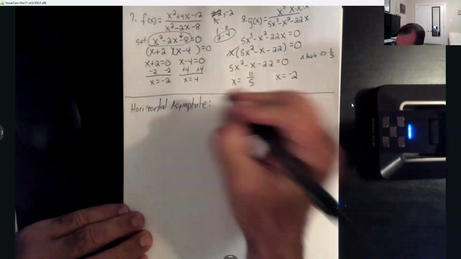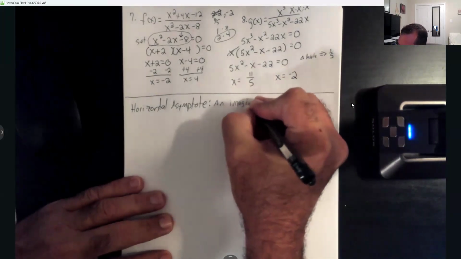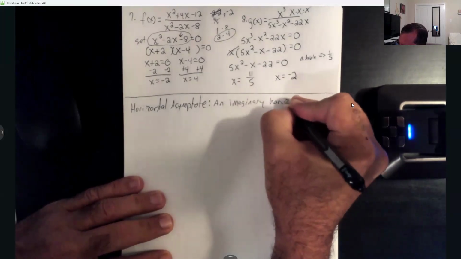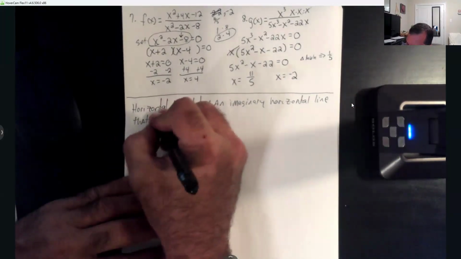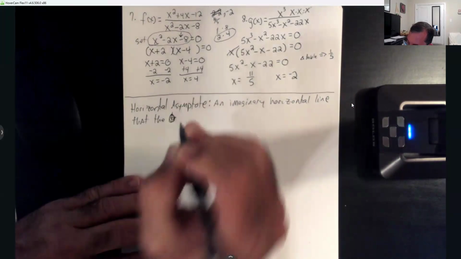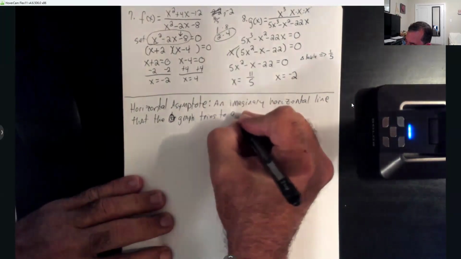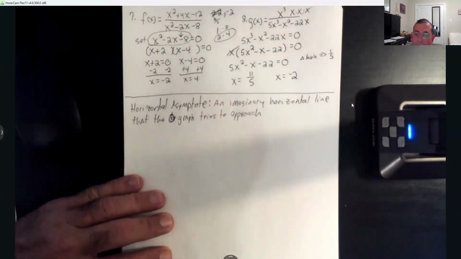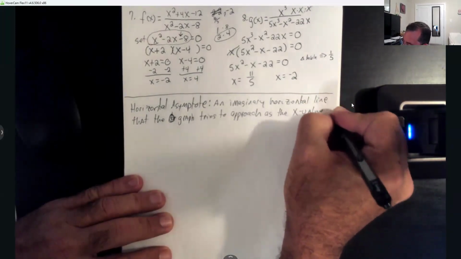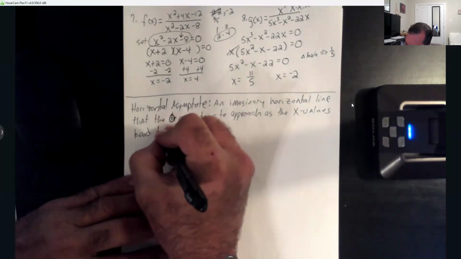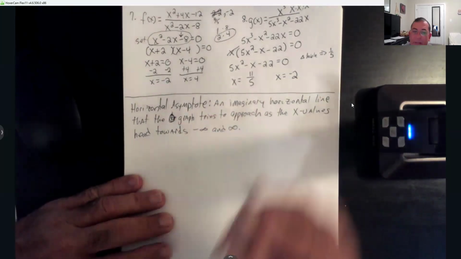Technically, a horizontal asymptote is an imaginary horizontal line that the graph tries to approach as the x values head towards negative infinity and positive infinity.